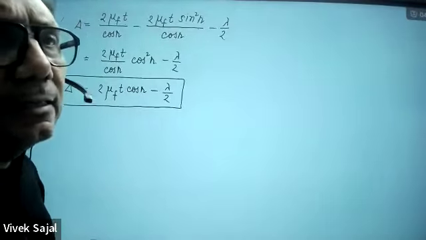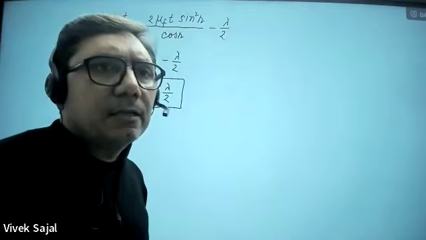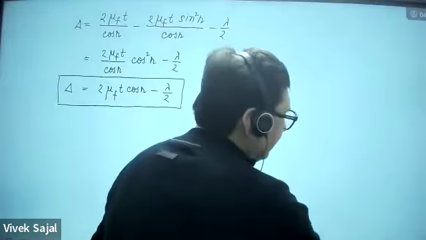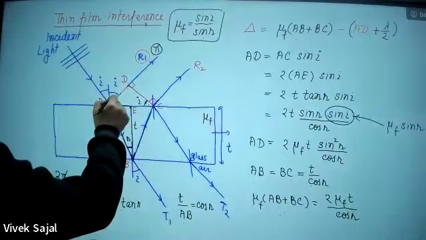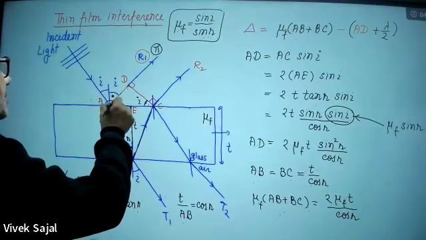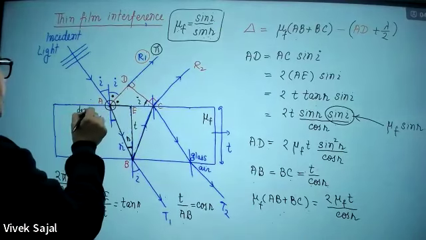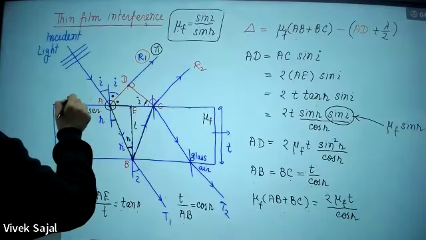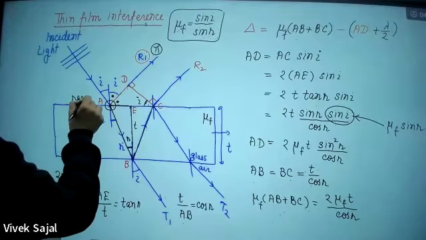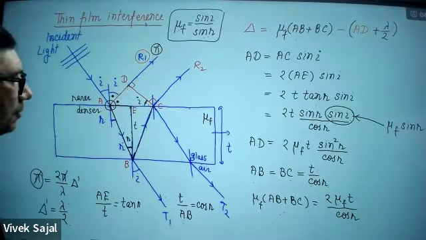Where is the first reflection taking place? The first reflection is taking place here, and this is at the denser medium. Try to understand, this is the denser medium and this is the rarer medium. So that's why this extra phase of pi is introduced.